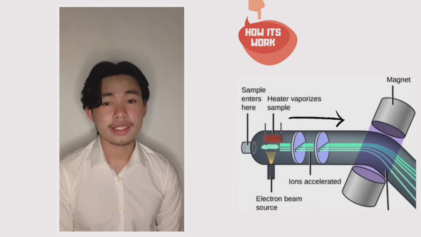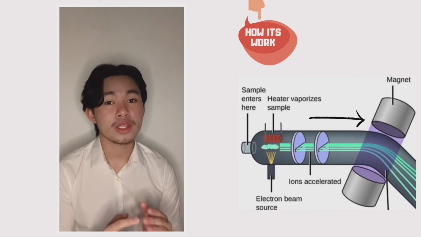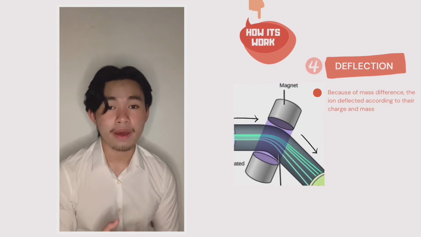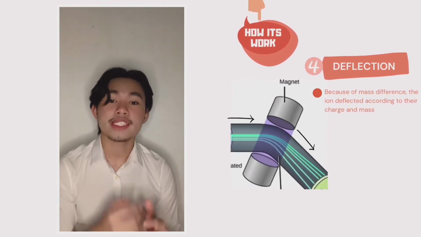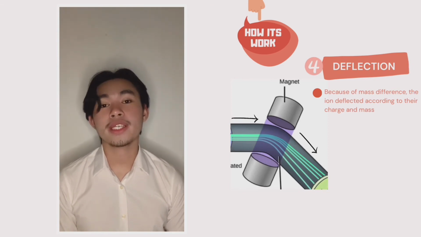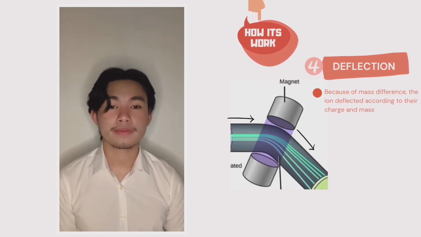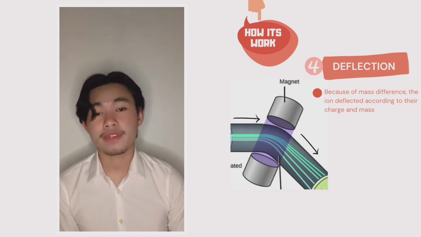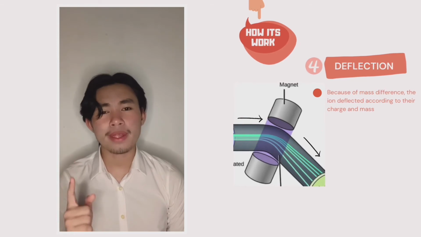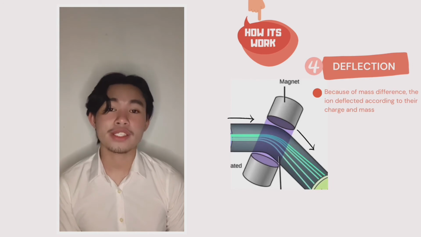After that, these ions will move quite rapidly through this chamber and enter into the magnetic field. This magnetic field then bends the path of the ion, which means it deflects the ion. The deflection of this ion is actually affected by its mass and also charge. For a given charge of the ion, the force of deflection will be the same, but you need to remember that mass difference is also a factor that affects the deflection of the ion.